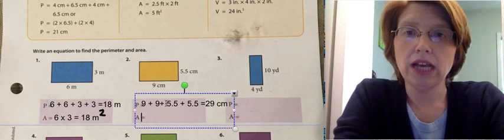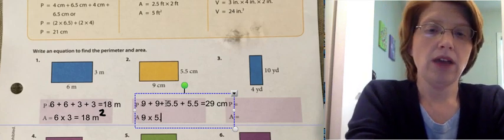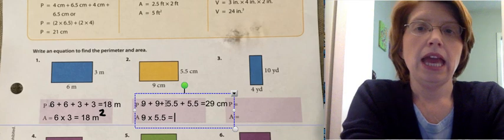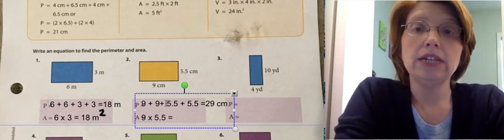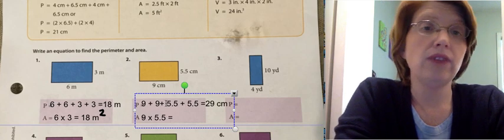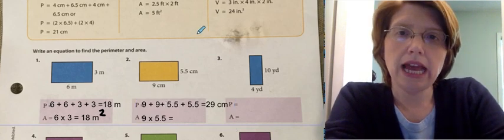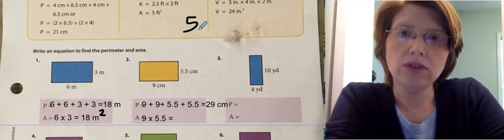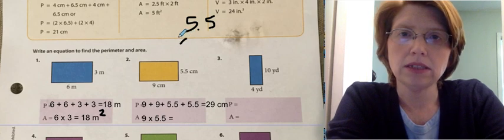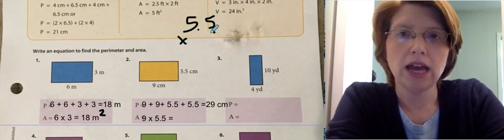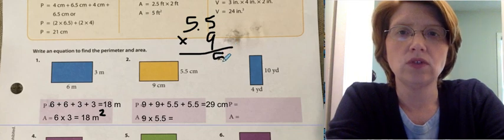And then area would be 9 times 5.5. And we know that when we're doing that, remember we don't consider the decimal at all until the very end. So let's say I put it up here. 5.5 times 9. 9 times 5 is 45.